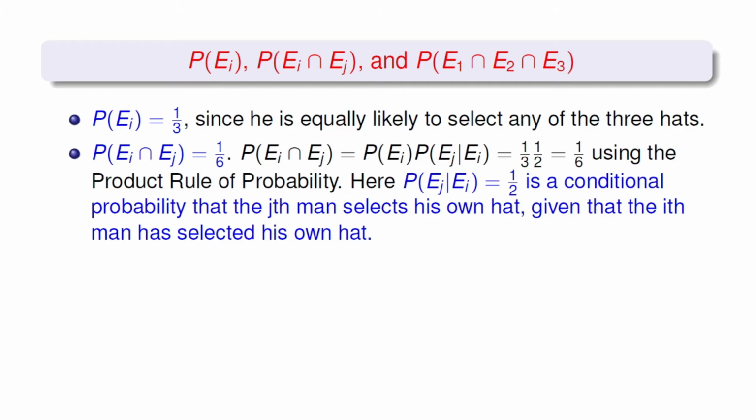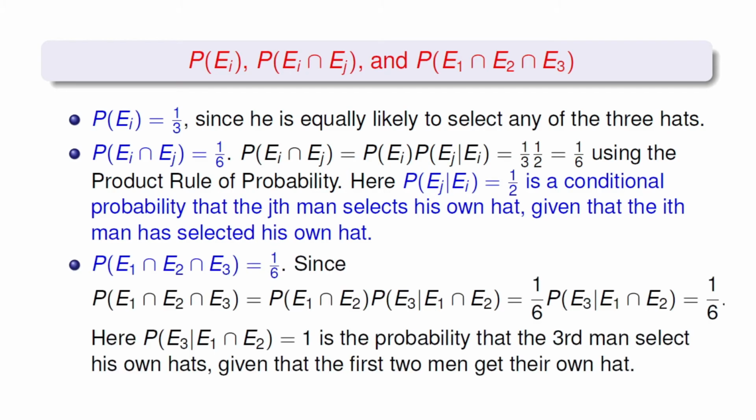Among these 2, one is randomly selected for the jth man, so the probability he gets his own hat is 1 out of 2. That is why the conditional probability is 1/2. Therefore, the probability of the intersection equals 1/3 times 1/2, which is 1/6 using the product rule.